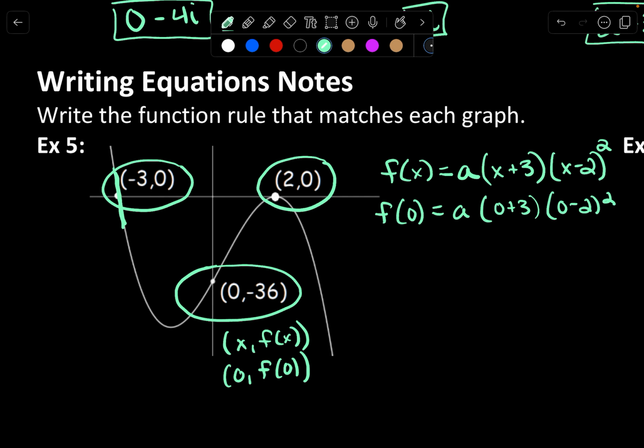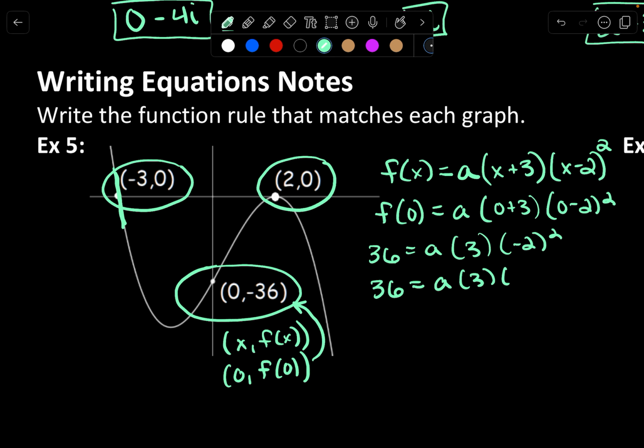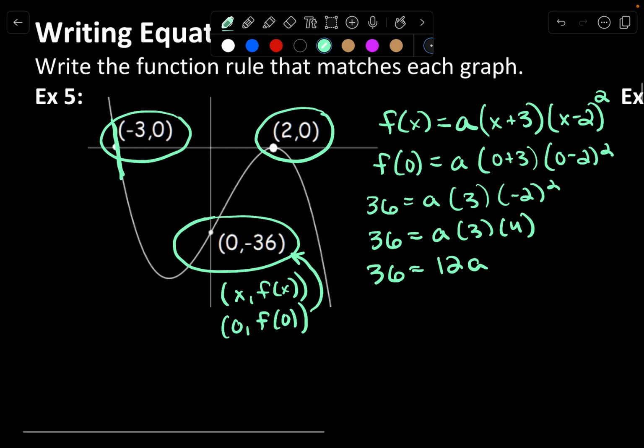So f of 0 is -36, so I'll plug in -36. And then we end up with 3 times -2 squared. From here, it's just algebraic manipulation to isolate a. So we get -36 is equal to 12a.